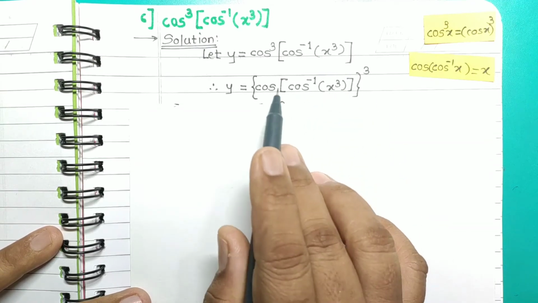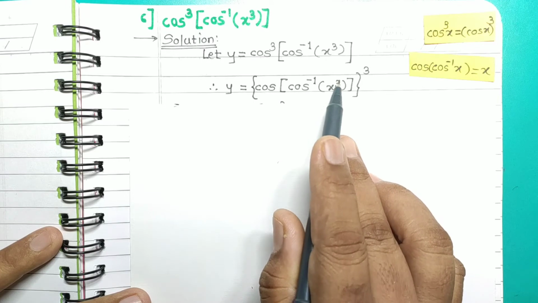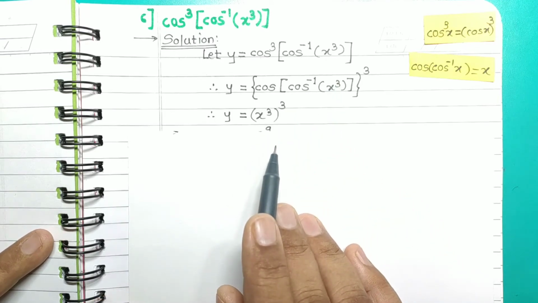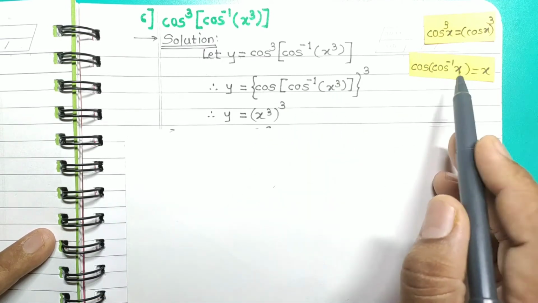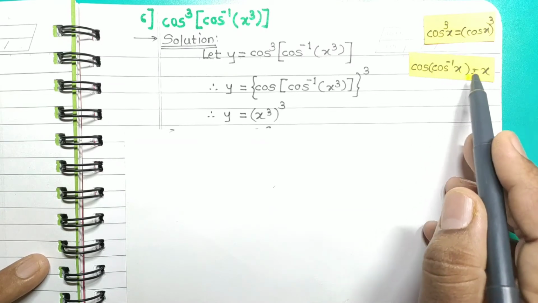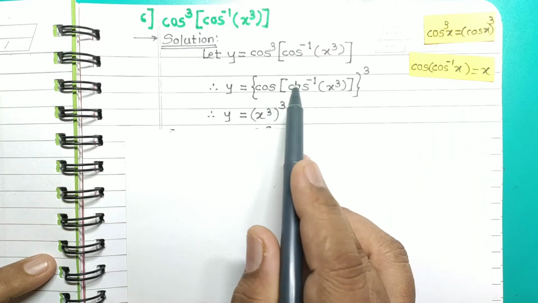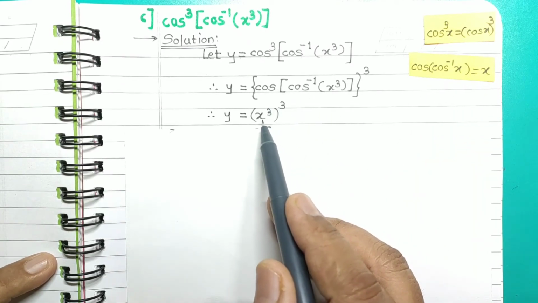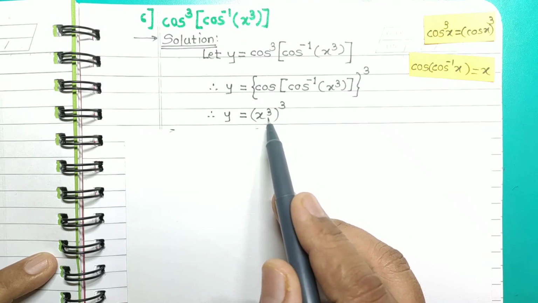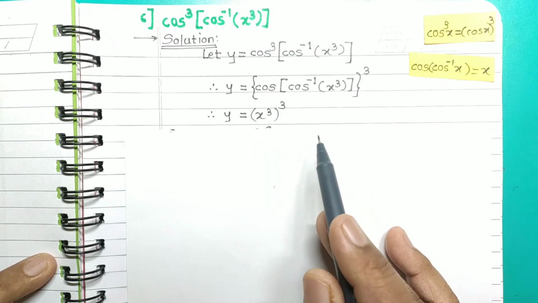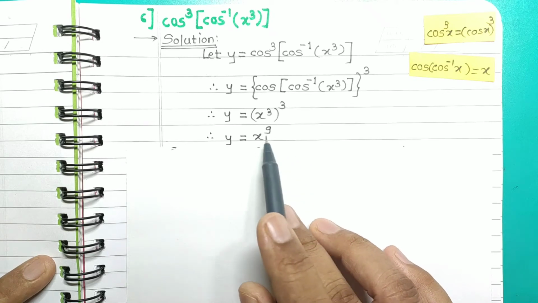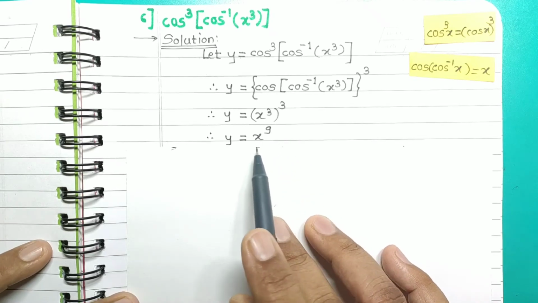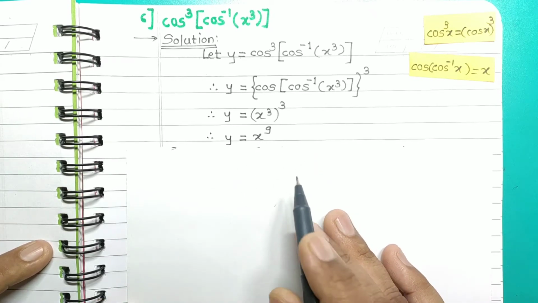So cos of cos inverse of x cube is just x cube. See the use of the property of inverse trigonometric functions. The function is reduced to a very simple function, (x cube) bracket cube, and this is y is equal to x raised to 9, which is very simple to differentiate.